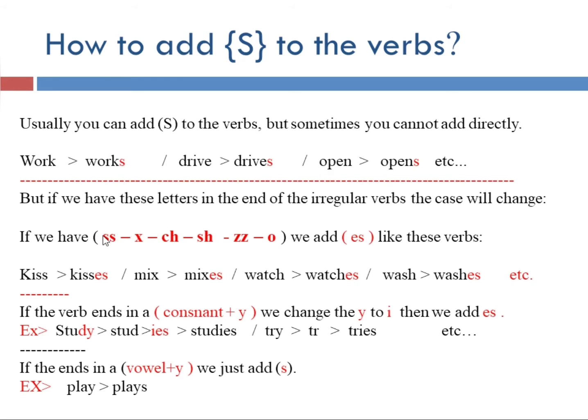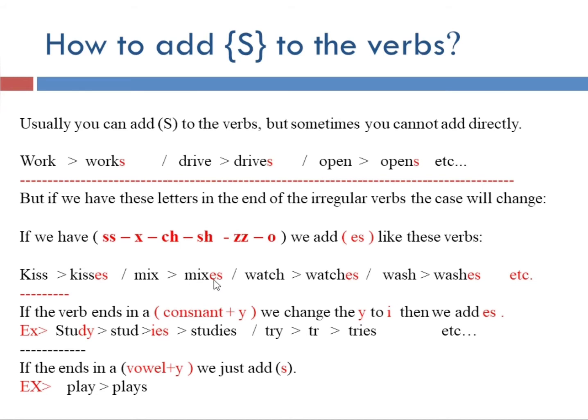For example, if we have these letters at the end of our verb, we will not add s only, we will add es. See this verb, for example, kiss: we will not say kisss, we cannot say that. So let's see this one. We will add es, not s only.